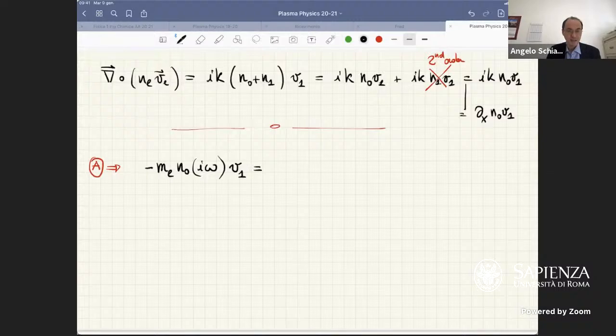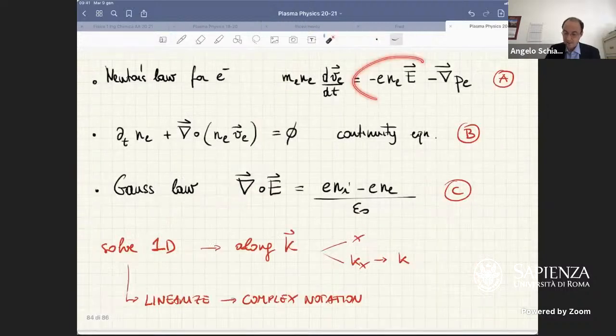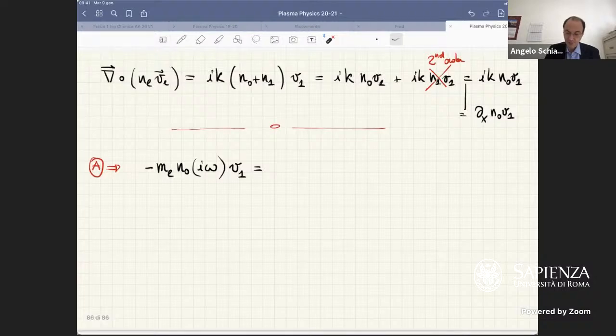And then we have the electrostatic force. In these terms, since E is just the perturbation, only N0 survives in linear, at first order terms. So we have minus e N naught E1.